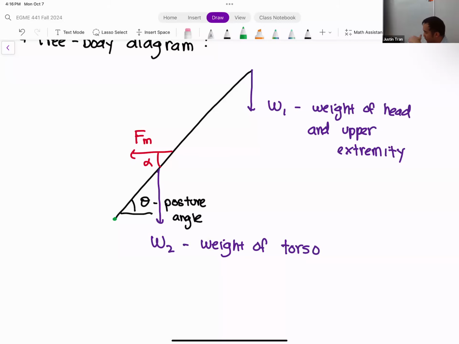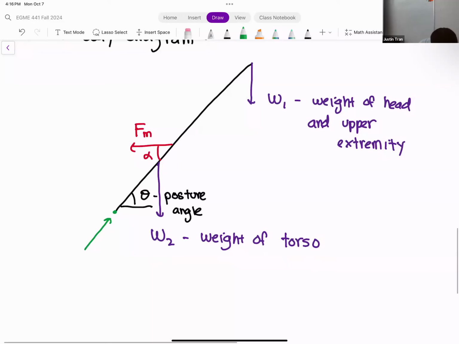But for this one, I'm going to rotate it a little bit, just because we're doing a comparison between the different postures. So I'm going to have one component that is parallel to the spine. We'll call this JA. And then another component that's perpendicular.